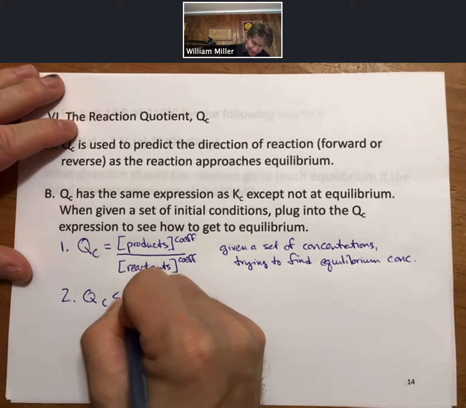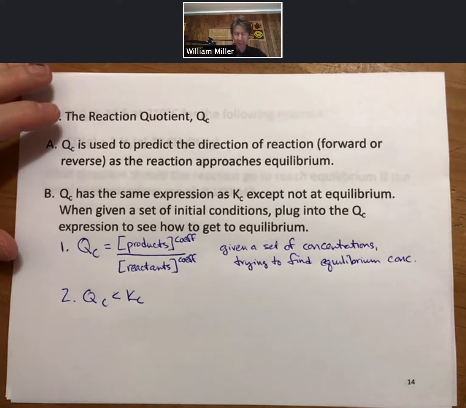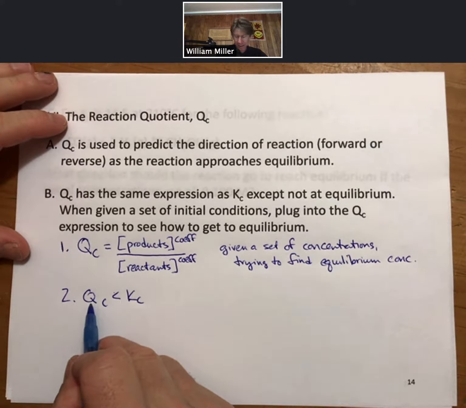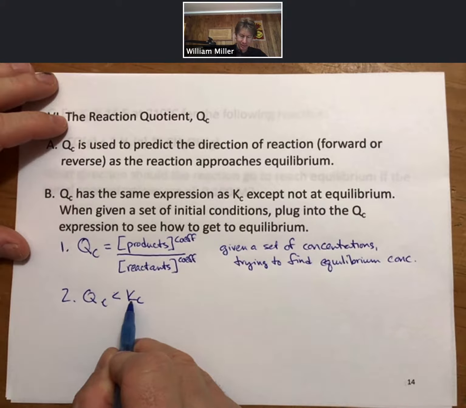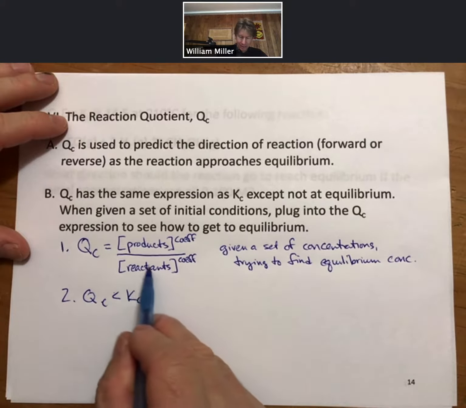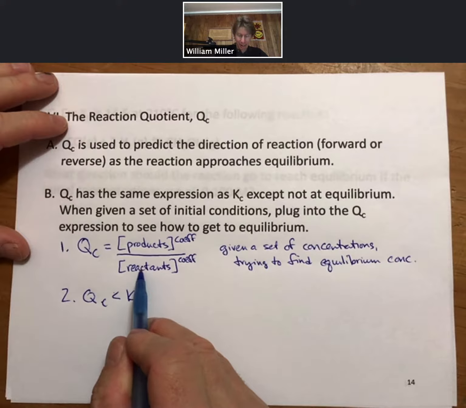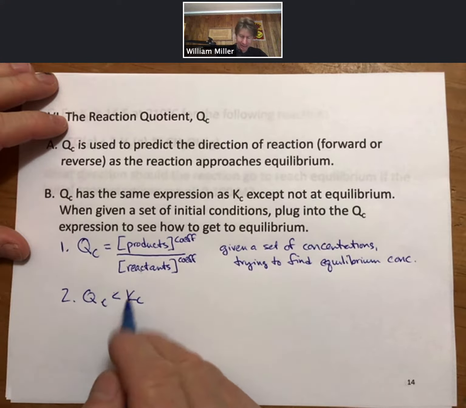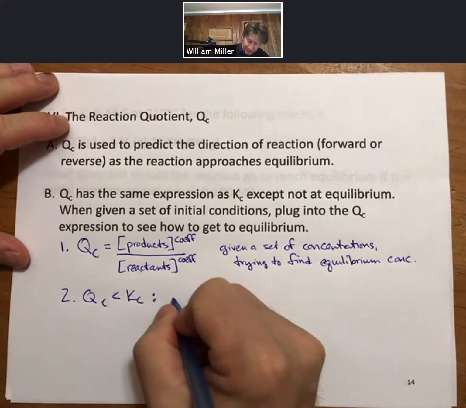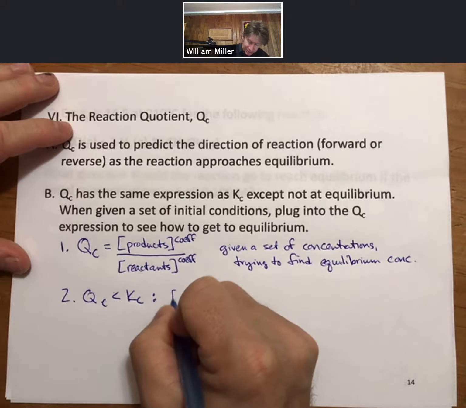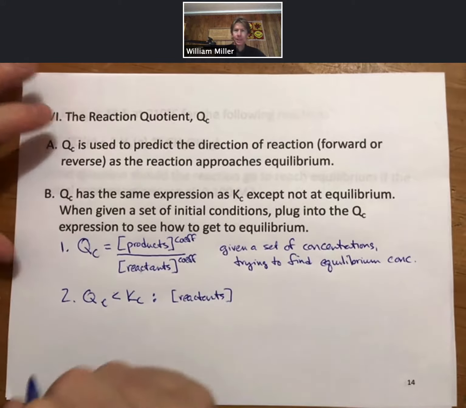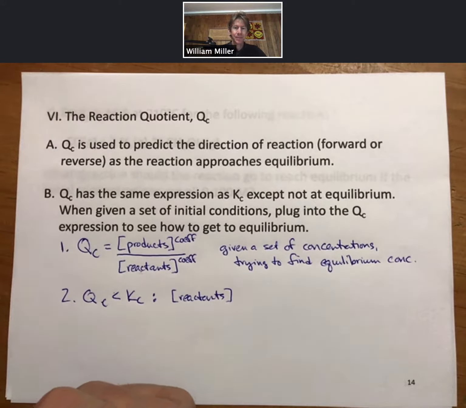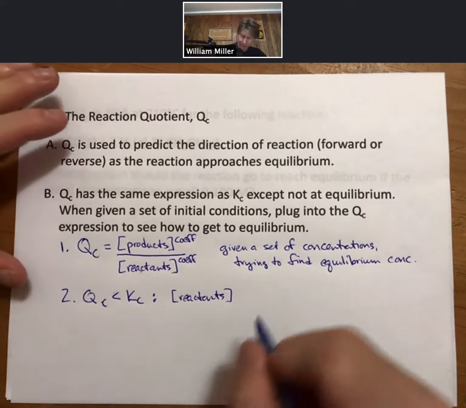Let's start with QC less than KC. We get some set of conditions, we plug them in, and QC is less than KC. That means that the denominator is too big. That's why QC is less than KC. So the concentration of reactants is too high to be at equilibrium.